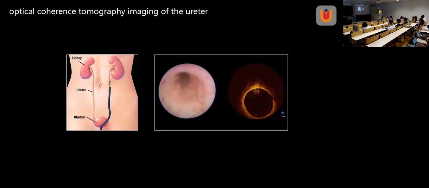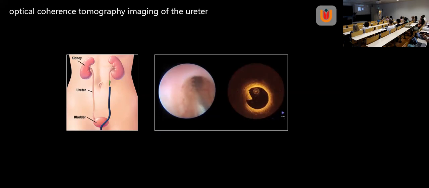Now, back to your question: can we do OCT in other organs as well? Yes, we can. What you see here is an OCT procedure performed in the urethra. The urethra is what connects the kidney to the bladder. It's a very small organ, with a very thin wall, and there's really no good way of visualizing that wall with any other technique.